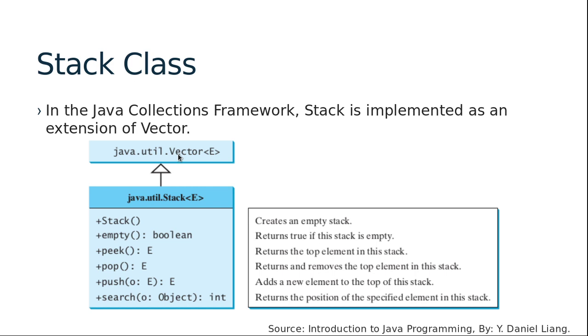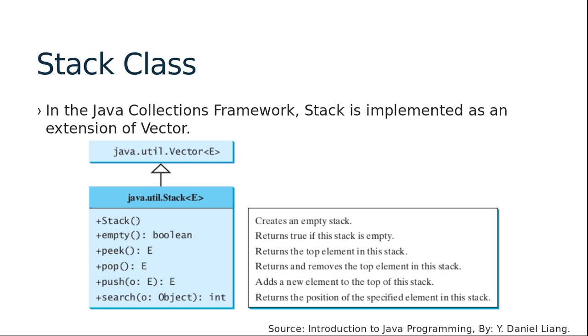Vector extends the abstract list class. It also implements the list interface, and the list interface as well as the abstract list class both implement the collection interface. So all those methods that we have seen earlier are going to be part of the stack class. But here we are only going to use stack methods.